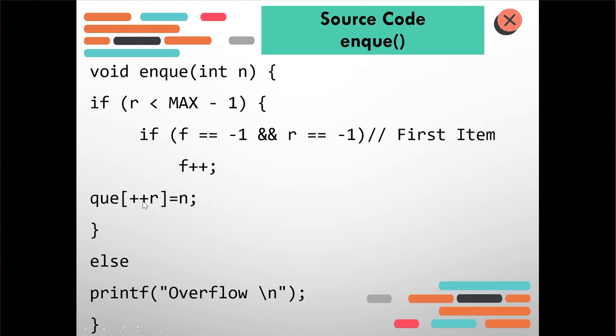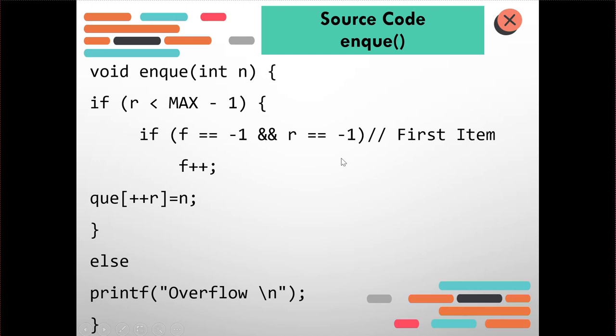That means you will have to increment r first, and the index coming out of that would be the position at which n would be stored. In the meantime, you would be checking whether the item that has arrived is the first item or not. If it is the first item, then we would be doing a ++f. As I said already, this should happen only once in our program, for the first element.